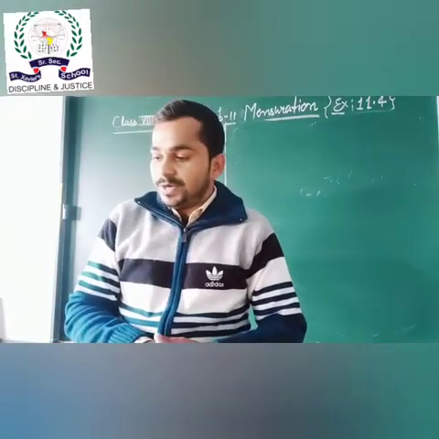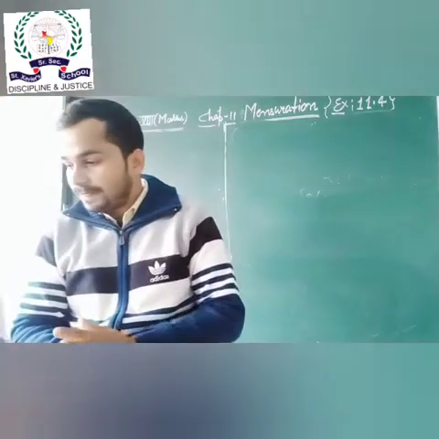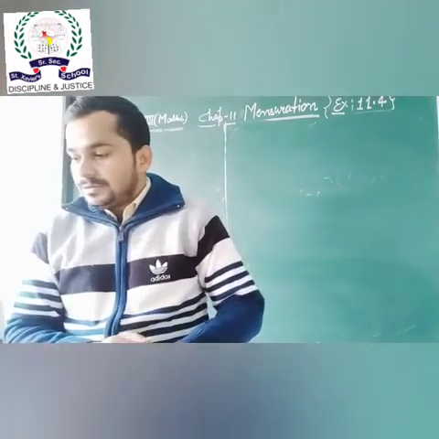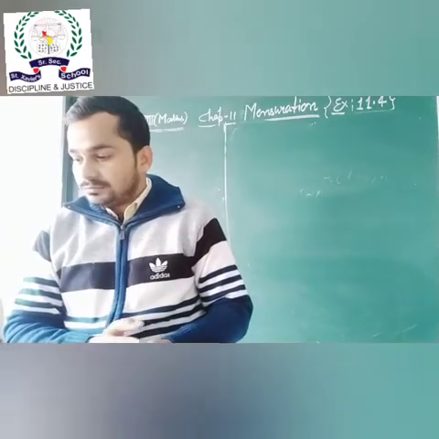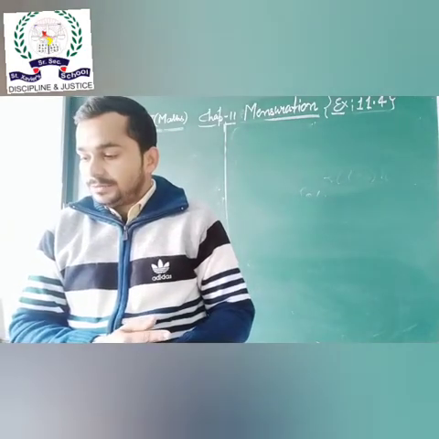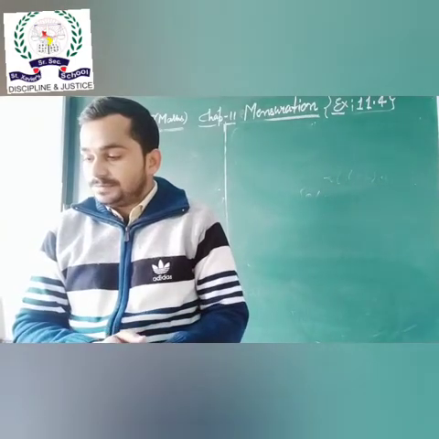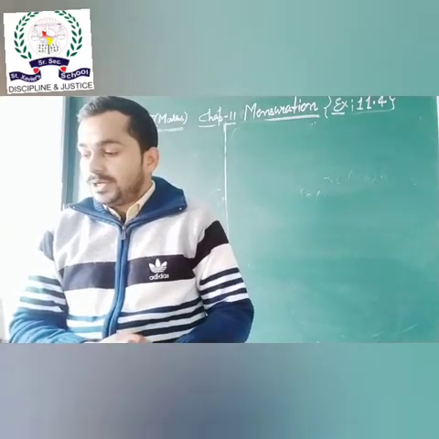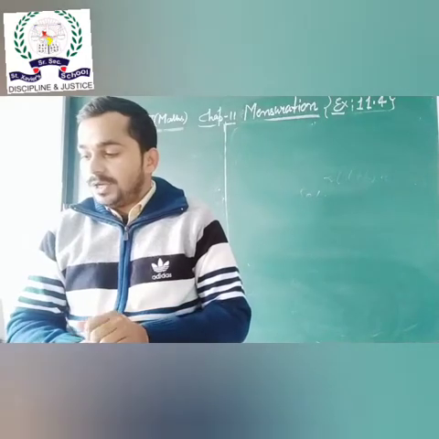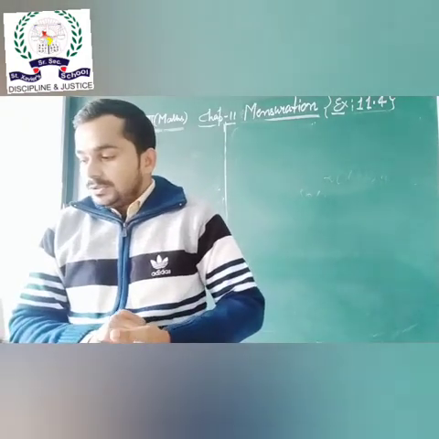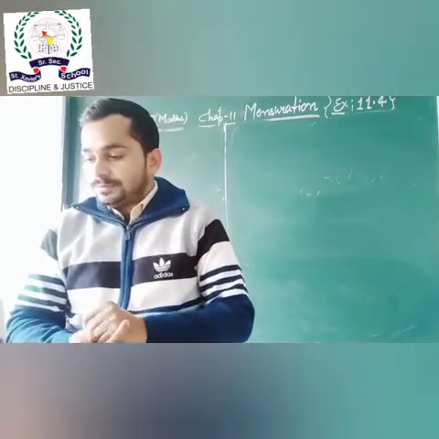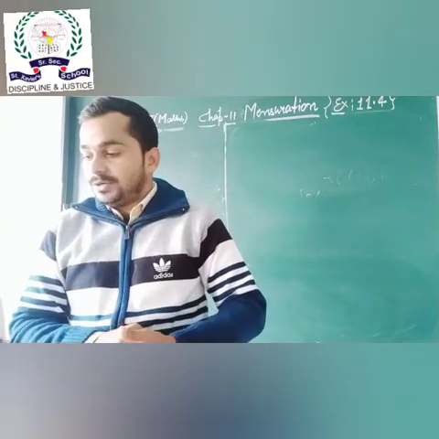So first we have to find out the area of iron tank. 2 bracket LB plus BH plus HL and subtract L into B because tank is open from the top. So L into B subtracted.